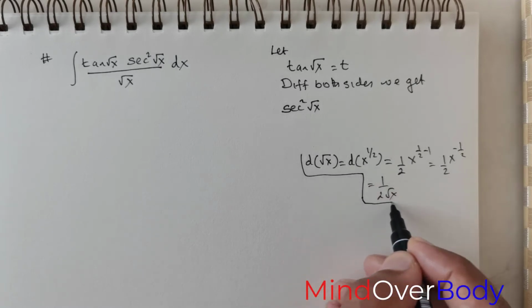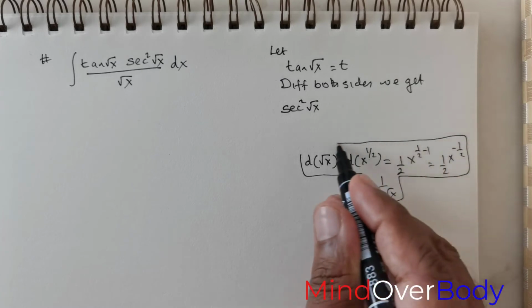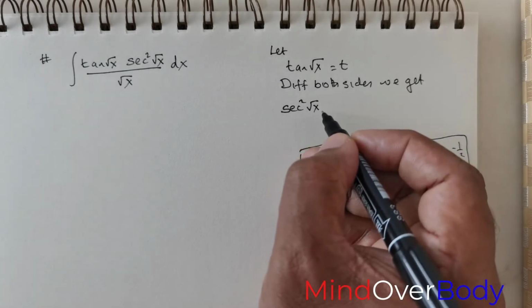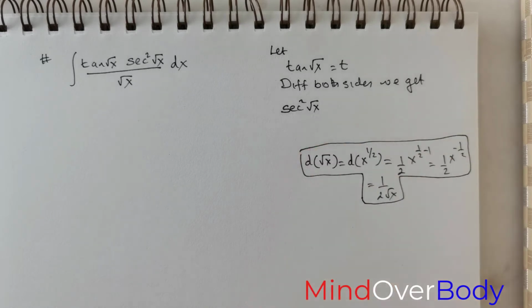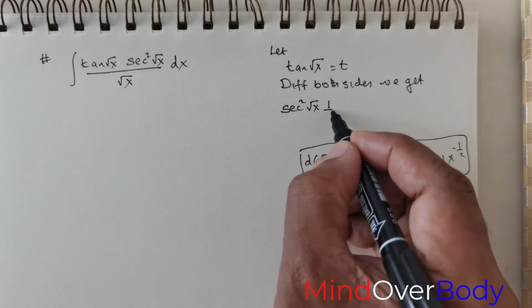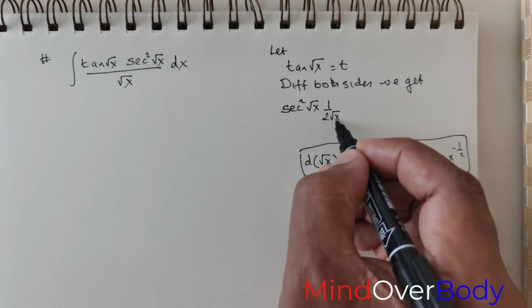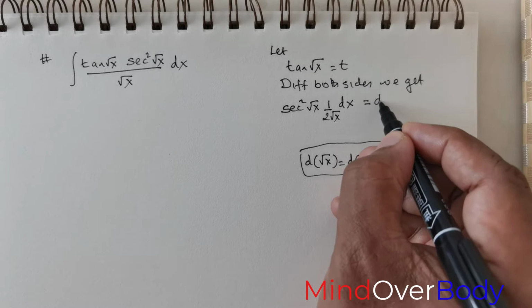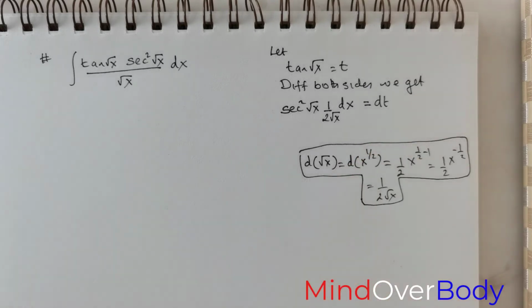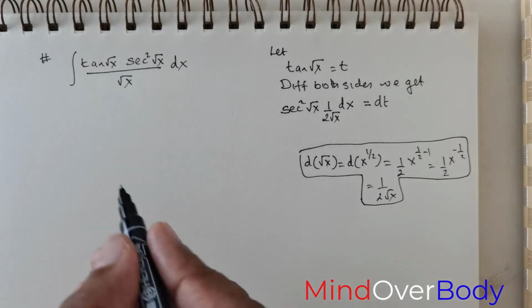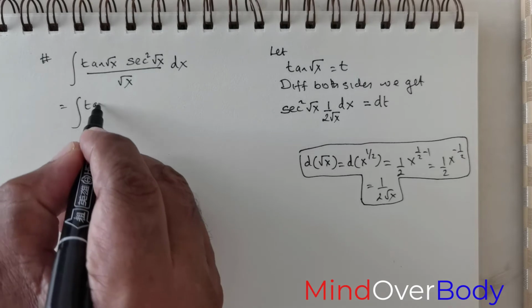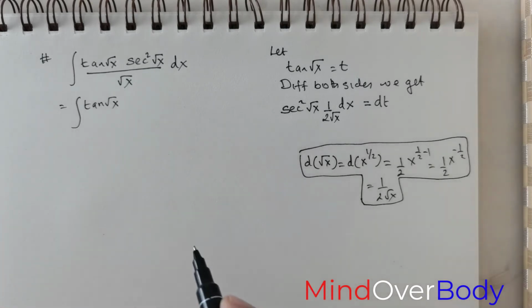So this is exactly what I'm going to place here, because we need to place the differentiation of root of x. So that's going to be 1 over 2 times root of x times dx is equal to dt. The differential of t is going to be dt. Now we need to do some arrangements. This question has tan root of x, that's fine.